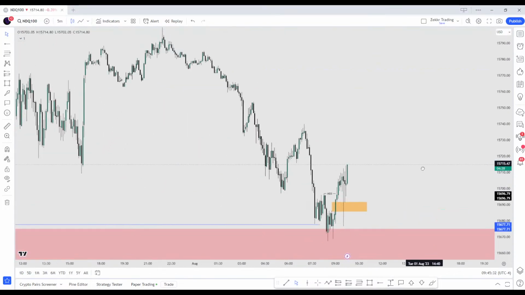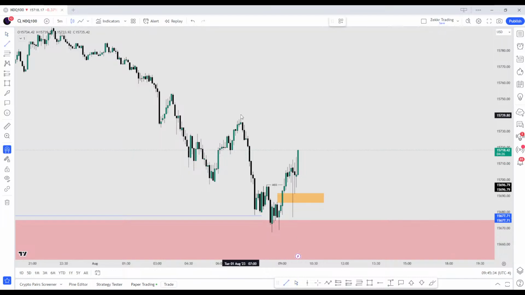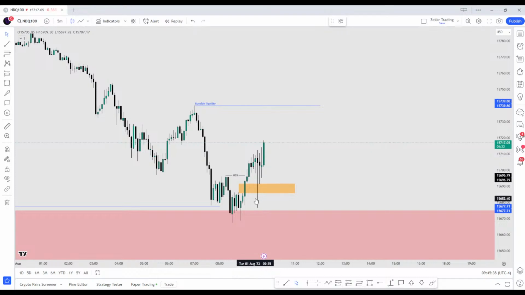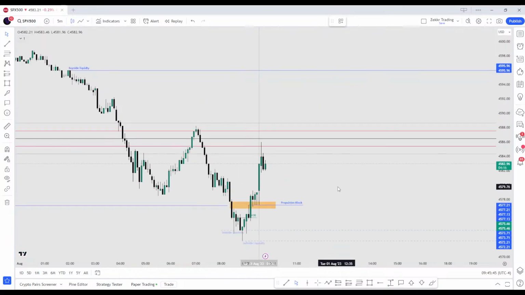We are bullish on Nasdaq, that's for sure. We are going for the buy side sitting right here. So tap into the 5-minute fair value gap, not going up really as we expected. And then we'll see.